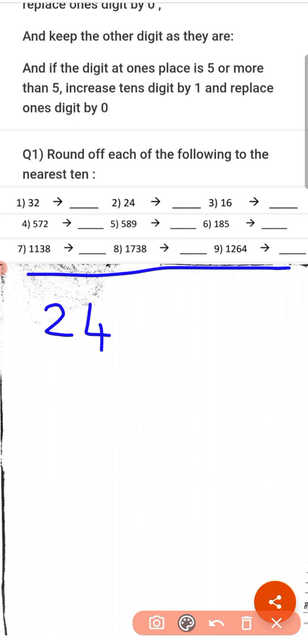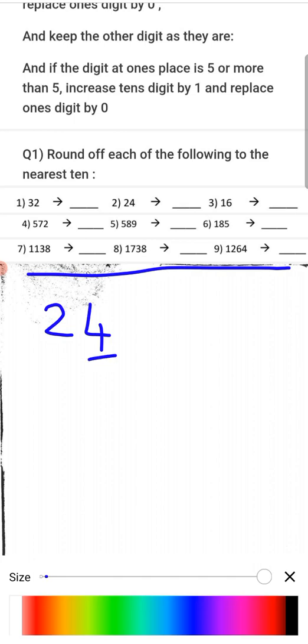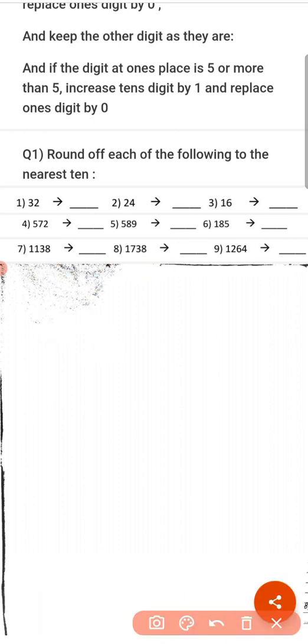This is the ones place, this is the tens place. The number is 24. Now we are going to round the number to the nearest 10. First check the digit at the ones place.